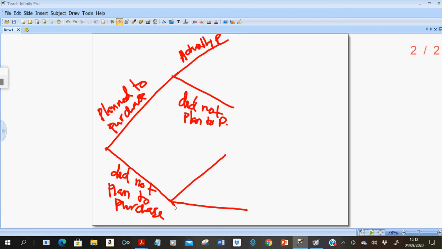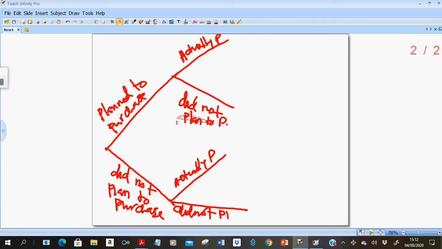Again, we have those that actually purchased, and those that did not actually purchase.